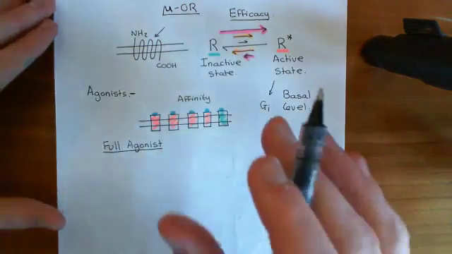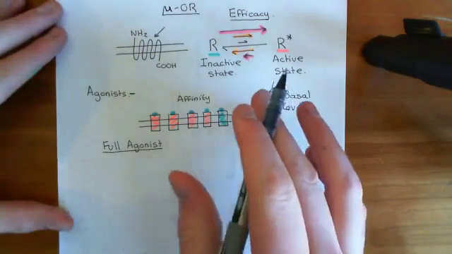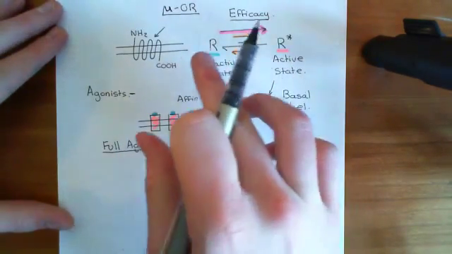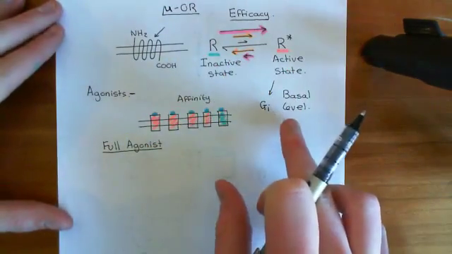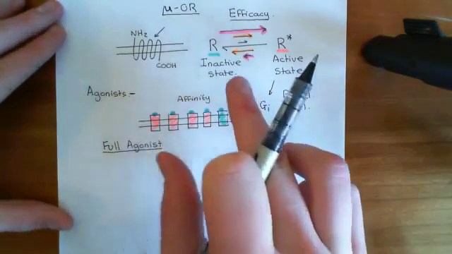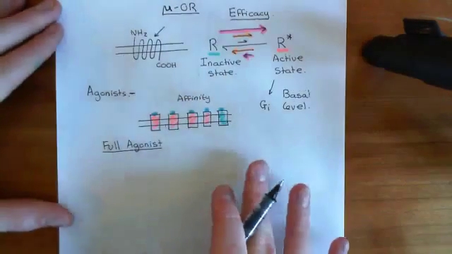Okay, so a full agonist is one which produces the same level of downstream activation as an endogenous ligand.